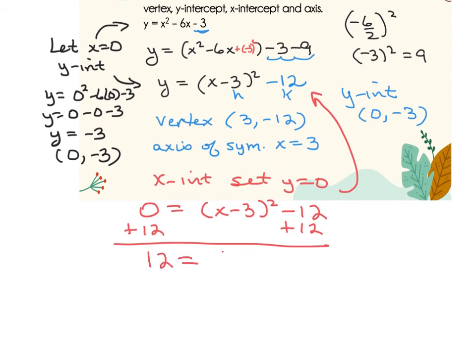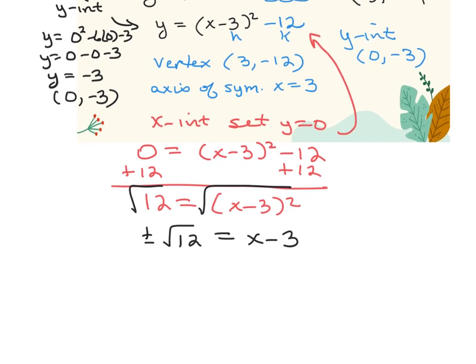12 is equal to (x minus 3) squared. I'll now apply the square root or the even root method. Plus and minus the square root of 12 is equal to x minus 3. Now, I can either choose to break down the square root of 12 now and then move the 3, or I can move the 3 and then break down the radical.